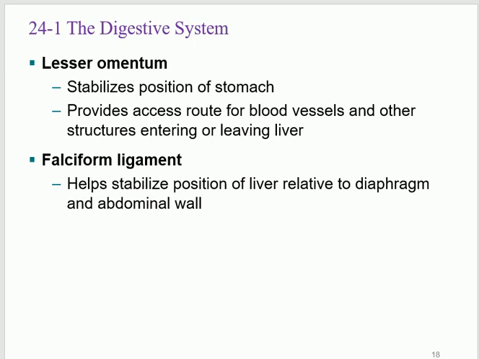You cannot have anything hanging in your abdomen or in your body cavity. You have to provide something for it. So this is the general function. So lesser omentum. What's the lesser omentum? This is part of the peritoneum. What's the function? Same function as any other part. Stabilization and route for everything. Blood vessels, nerves, everything.